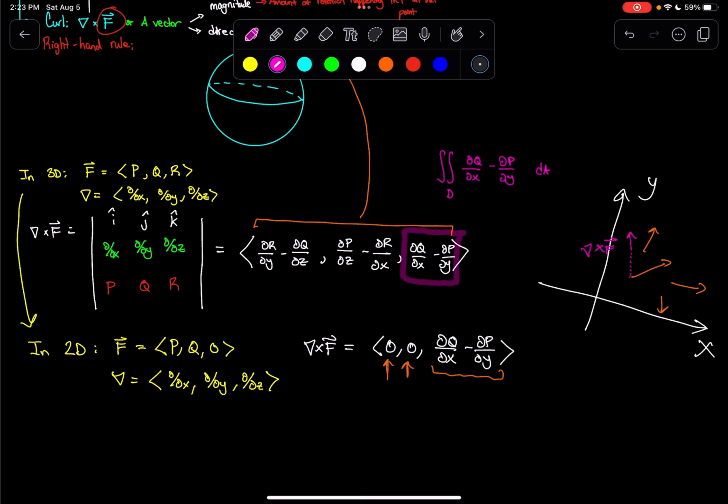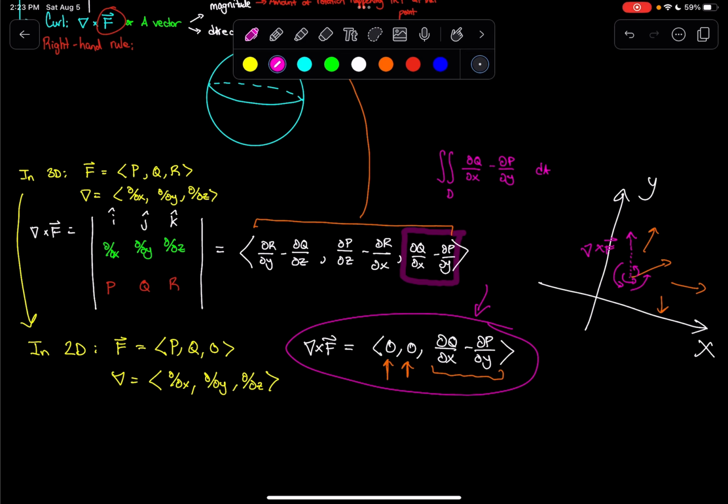That indicates we're going to swirl around this vector like so. So it makes sense that the curl we experience in a 2D vector field only has a z component.